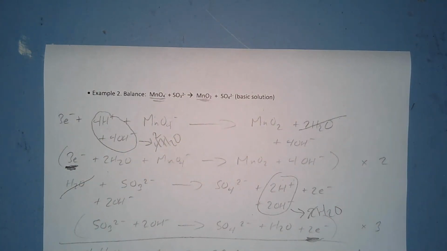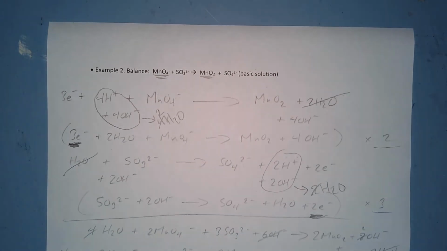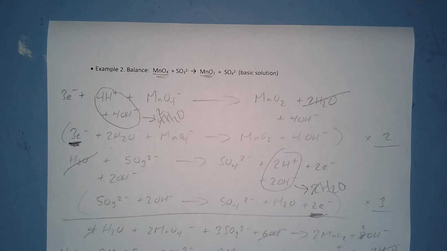So we're going to multiply this one by 2 and this one by 3, right? So you get 6, and then we add them up. Okay, so this is after you multiply by 2.